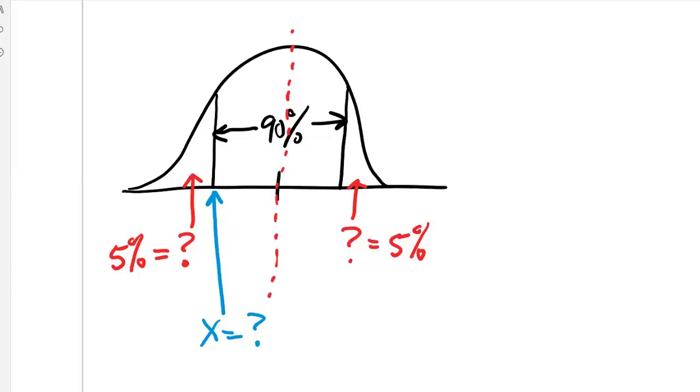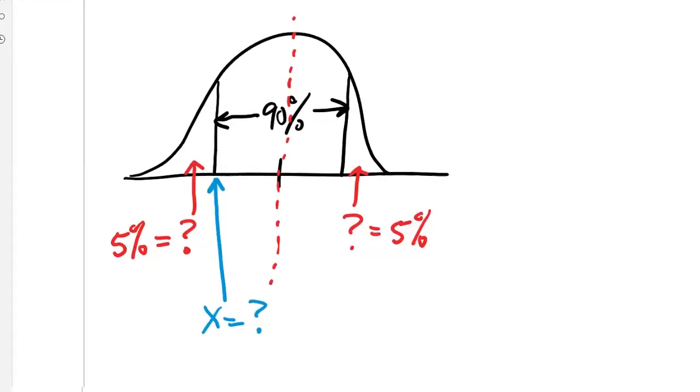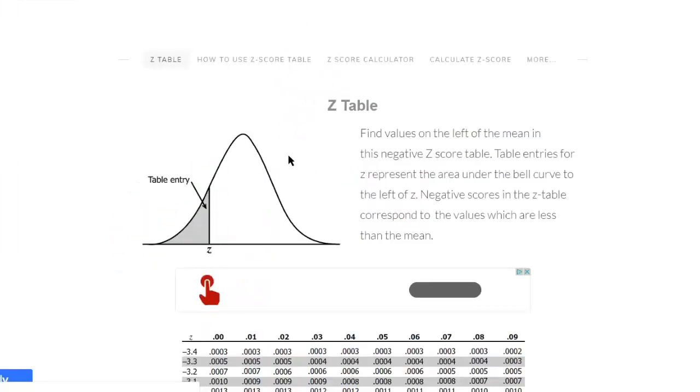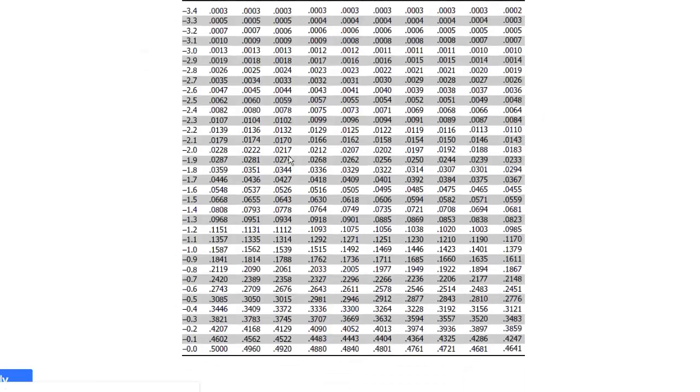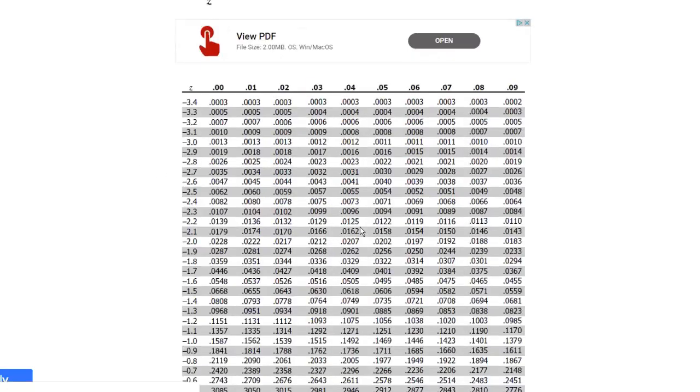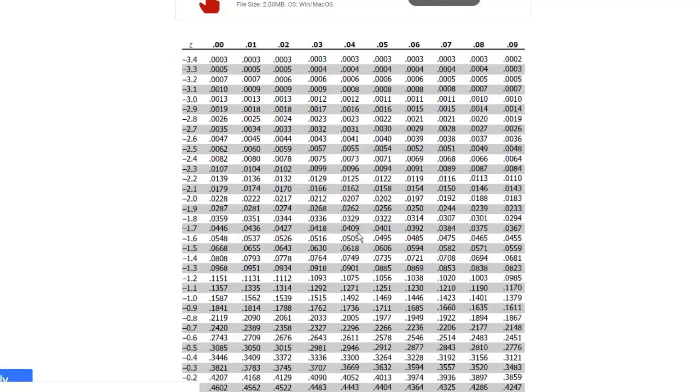I got to change my screen. Okay, here's a Z chart. I'm zooming, but it doesn't get any bigger on my screen. So you guys are going to have to pinch open on your screens.